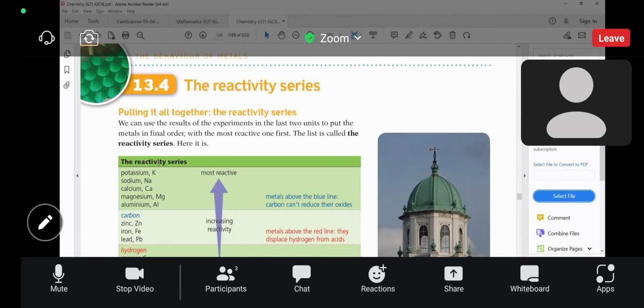Here you can see this is the reactivity series. This is not included in your portion for this term. So we can just go through it, and after that we can come to this point.